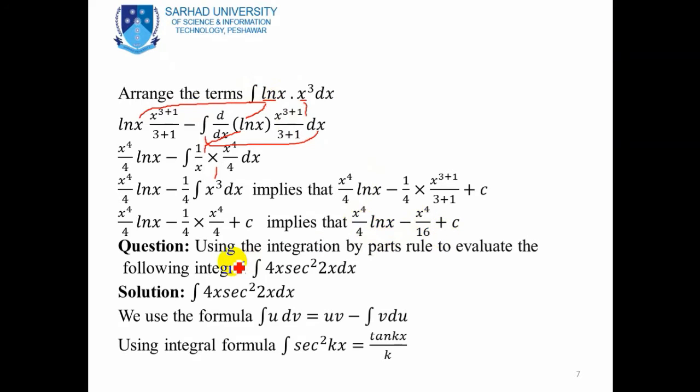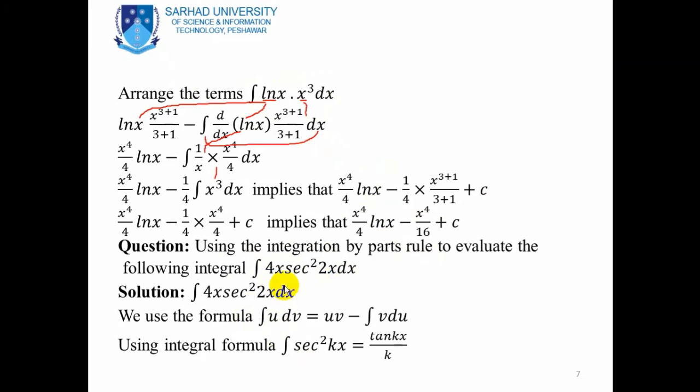Now another problem: evaluate the integral of 4x into secant square 2x with respect to x. In this problem 4x is the polynomial and secant square is the trigonometric function. So we consider the polynomial as the first function.